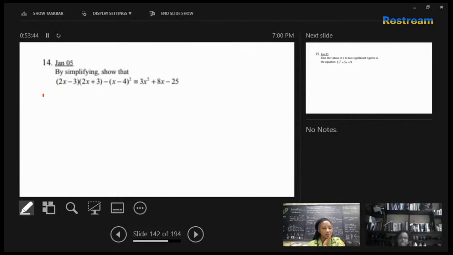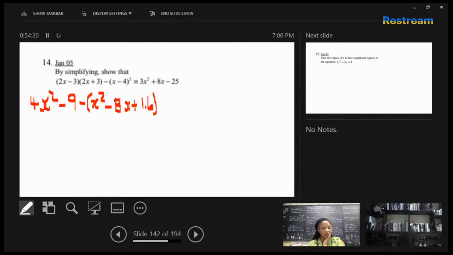So that would be 4x squared minus 9, right? Yes, miss. And this is the square of the difference. So that's x squared minus 2ab, 2 times 4 is 8, so that's 8x, plus b squared, which is 16.